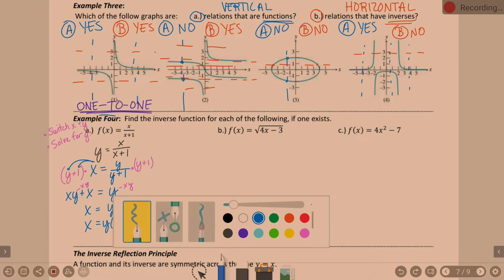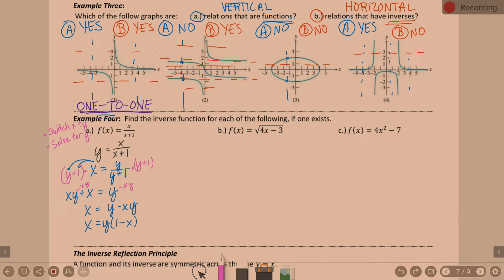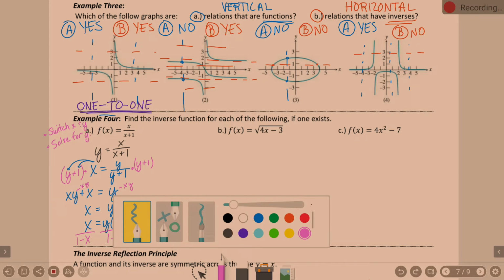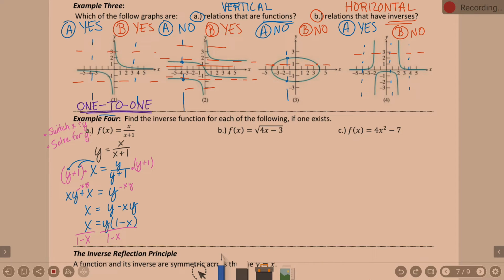We do that on both sides, over 1 minus x. Now with that, our 1 minus x is canceled and we have y equals x over 1 minus x.